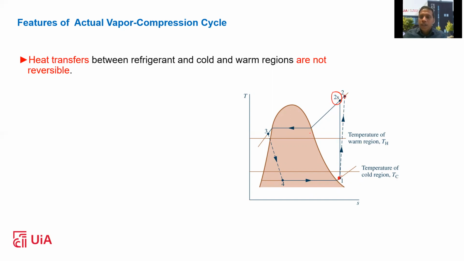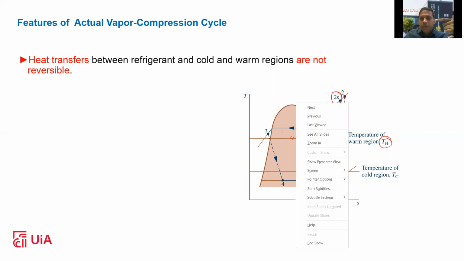Because this is the temperature for the condenser, or condensing temperature, but in reality it reached this temperature in here. So in reality, the compressor might use more work to produce a higher temperature than the condensing temperature. This is the reason why you reach this point here, and also this temperature.